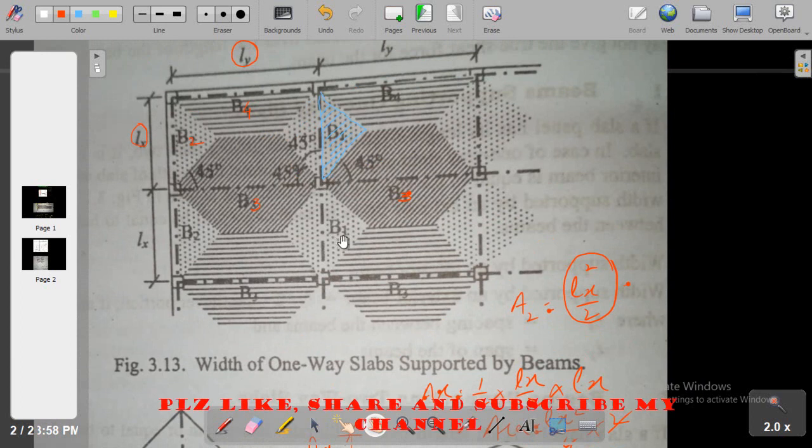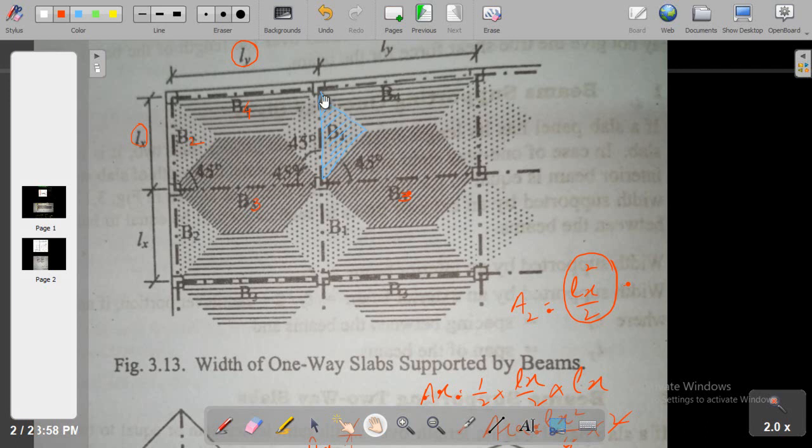It is simple to find the load, but that load must be multiplied with a factor, because we are converting this triangular loading to a UDL. If you want to convert this triangular area into UDL, you have to magnify the load, right?